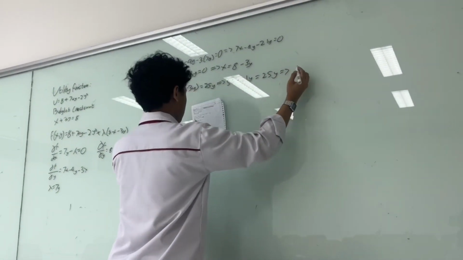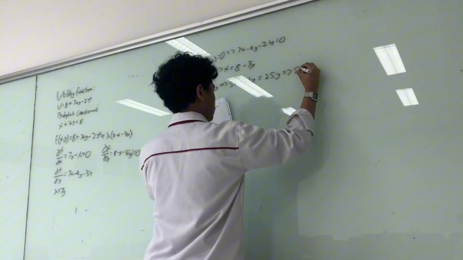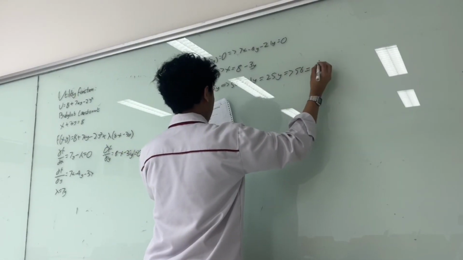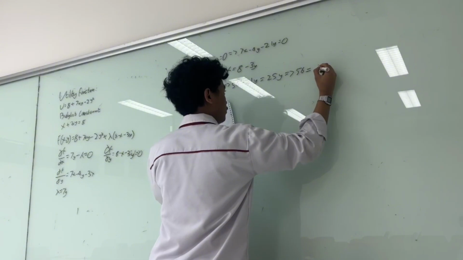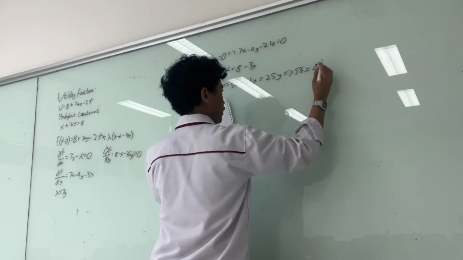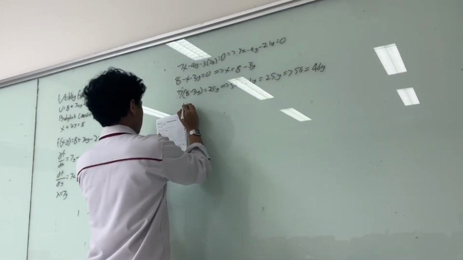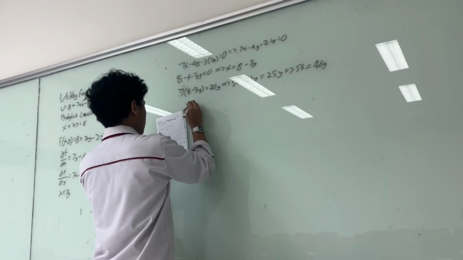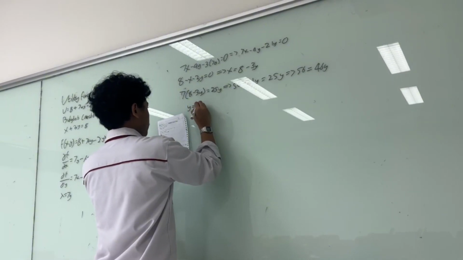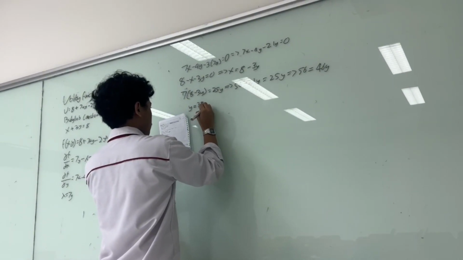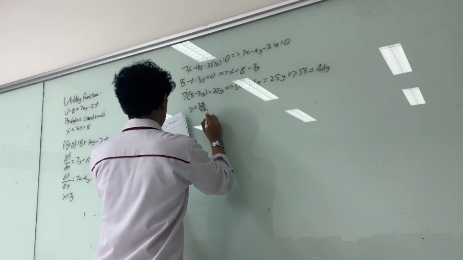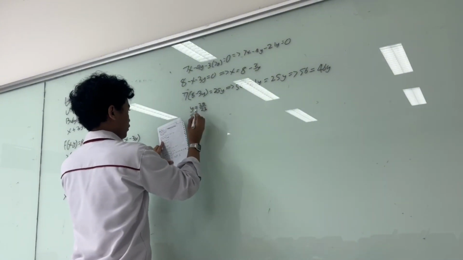So 56 equals 46y. Then y equals 28 over 23. So this is the answer for y.